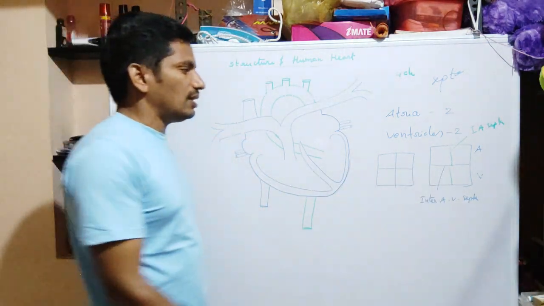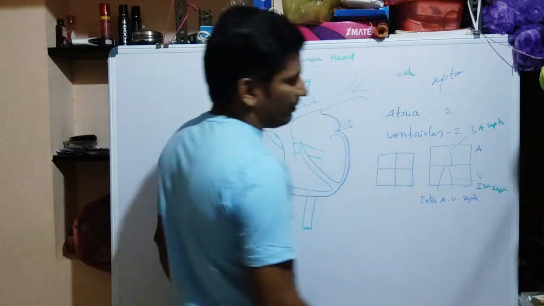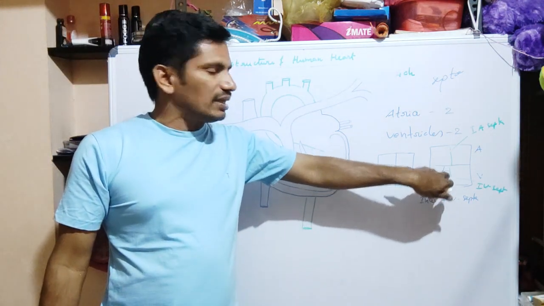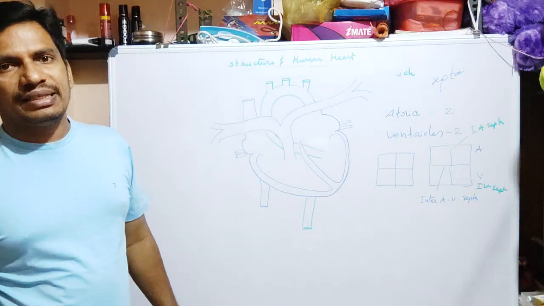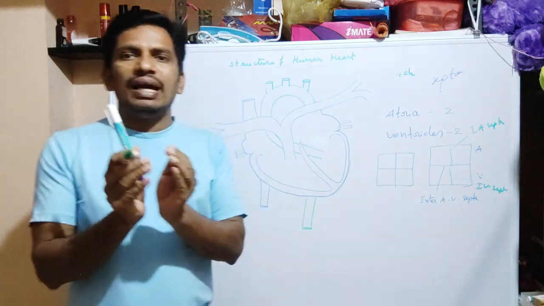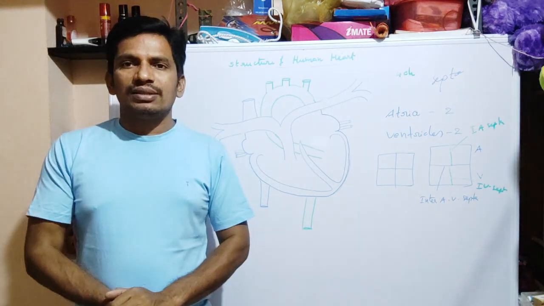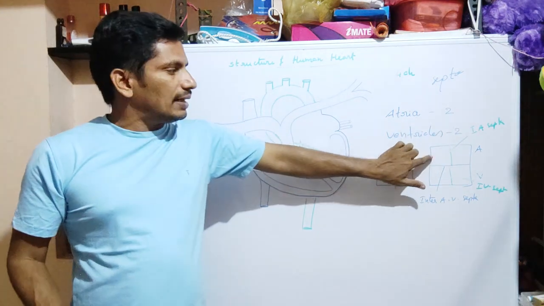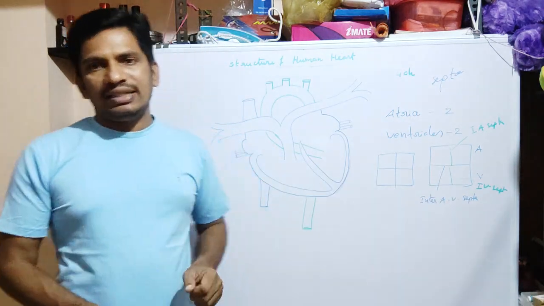That septum is called the interventricular septum, that is the IVS. Left and right ventricles are separated by this septum. These septa make the hollow muscular heart into 4 chambers. The upper 2 chambers are the left atria and right atria. The lower chambers are the left ventricle and right ventricle.